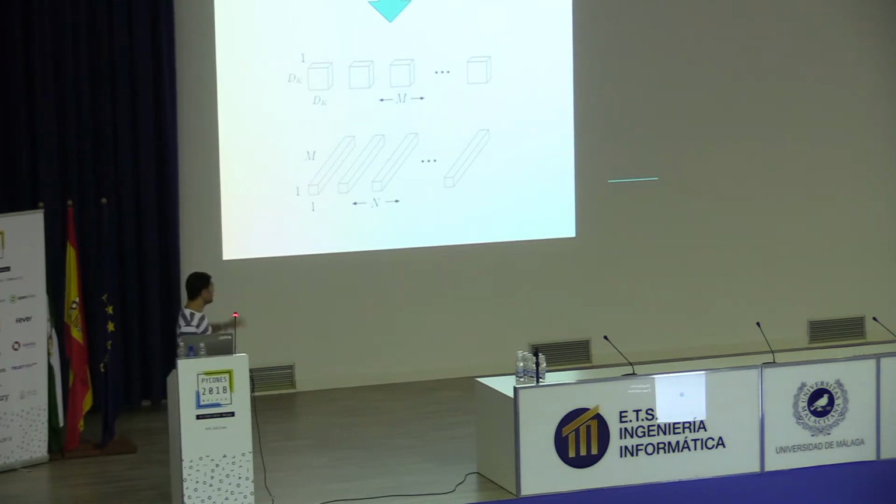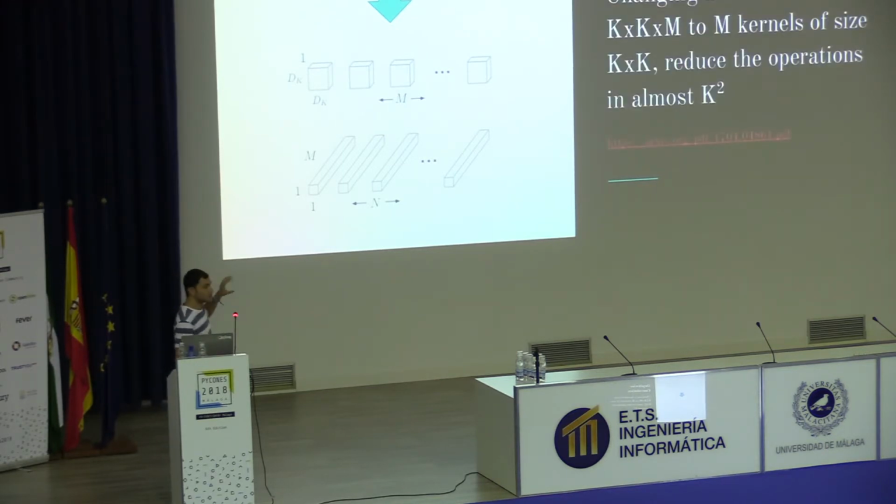Doing this change from a standard convolution to depth-wise plus point-wise convolution, you could reduce almost k-squared operations, where k is the size of the kernel. And this is the trickiest because you need to retrain your network.